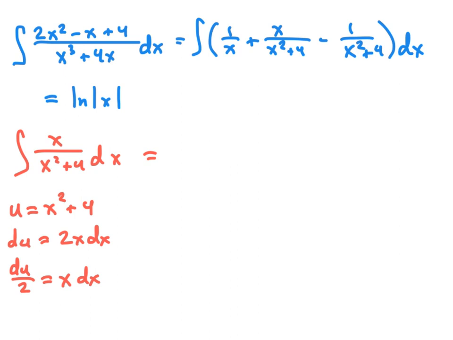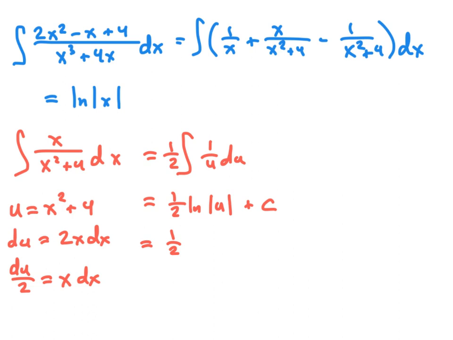We can substitute all of this into our integral, and we end up with 1/2 times the integral of 1 over u du, which will be 1/2 natural log absolute value of u. And we can substitute in x squared plus 4 for u to get 1/2 natural log of the absolute value of x squared plus 4. So this will be the value of our second integral.